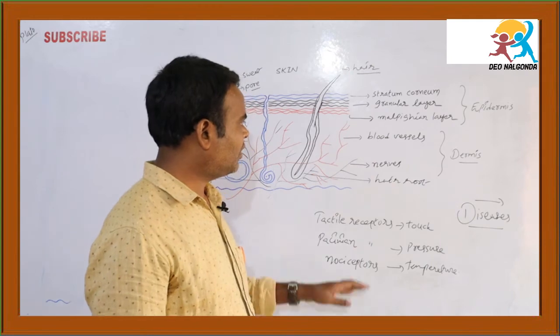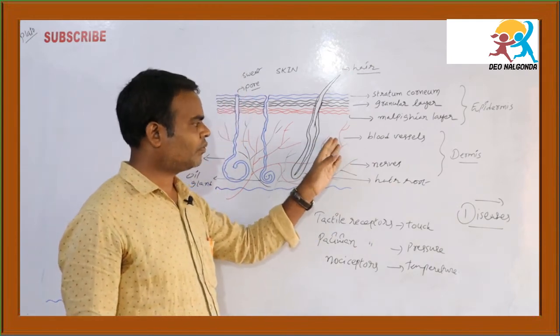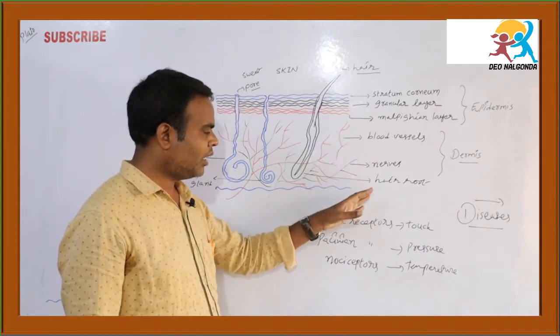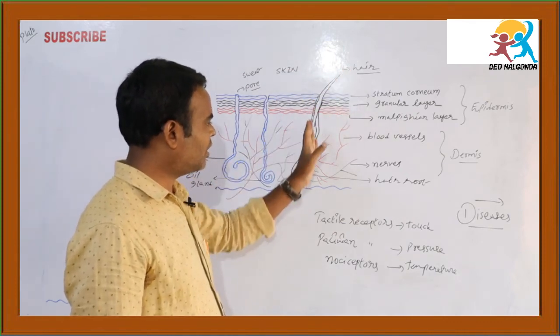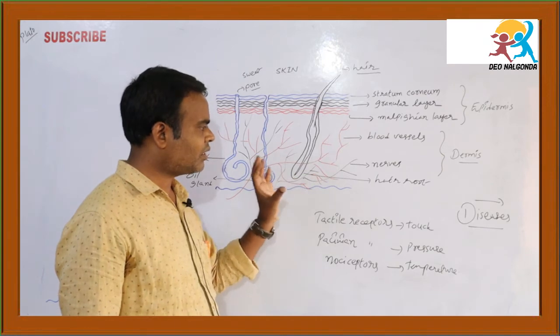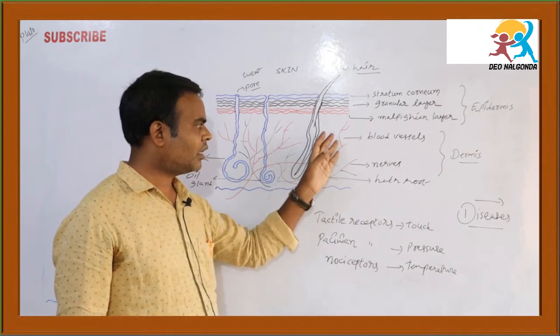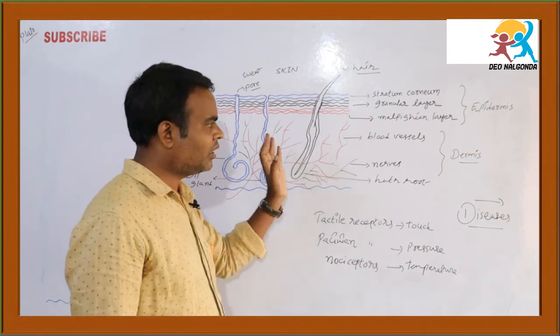Okay, suppose if you see here all the blood vessels, nerves, nerve endings, and the hair. Externally hair you may observe, but the roots of the hair and hair follicles are all located in the dermis, nothing but the endodermis.